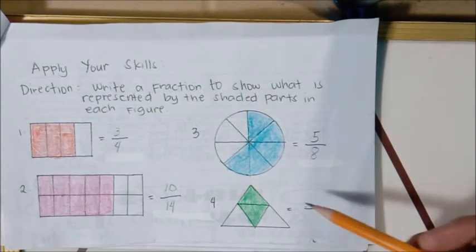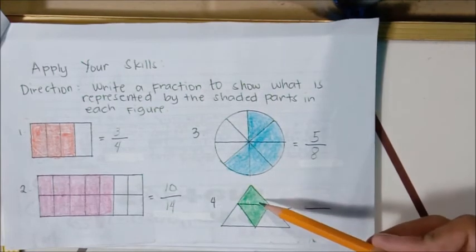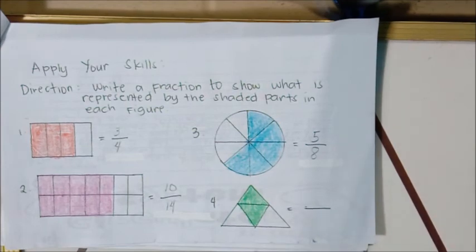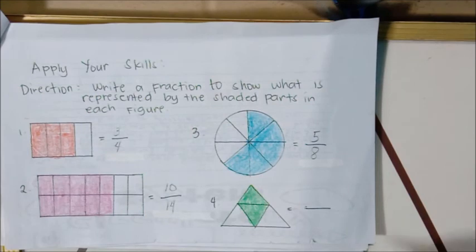Next, how about number 4? Okay, what fraction is number 4? Okay, count the shaded parts. The shaded parts are 1, 2. So, our numerator is 2.